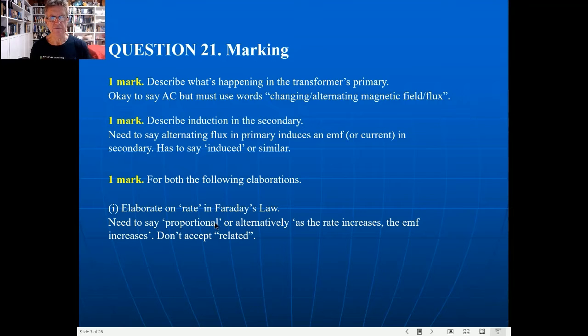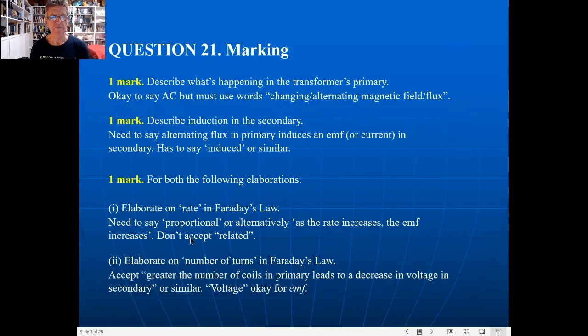So basically, you need that elaboration plus a second one, and you need to talk about the number of turns. So you could talk about the ratio of the number of turns in the primary and secondary, and how it could be a step up or step down transformer. A simple statement would be: the greater the number of coils in the primary leads to a decrease in voltage in the secondary, or something like that.